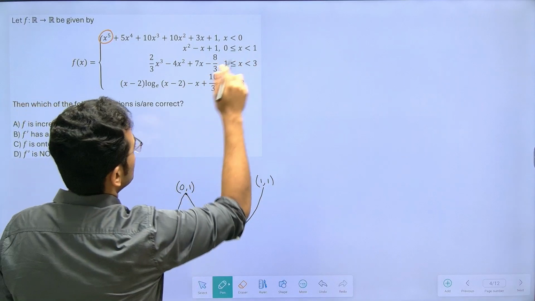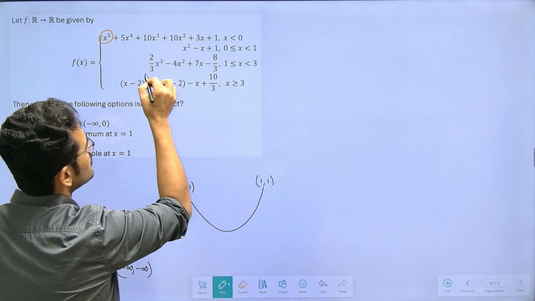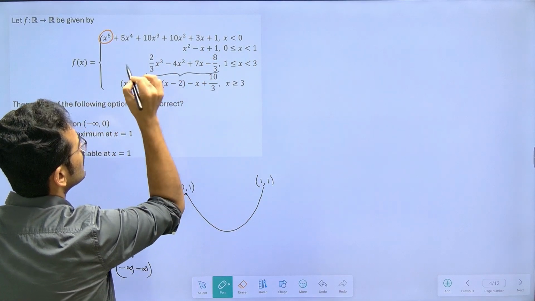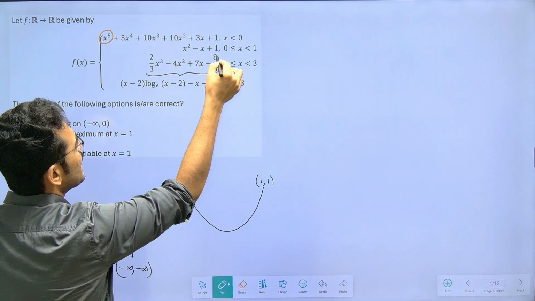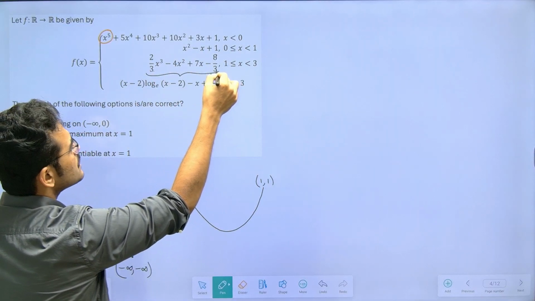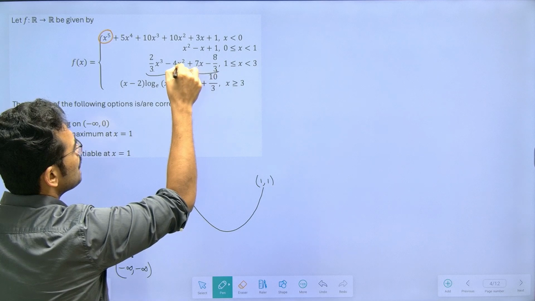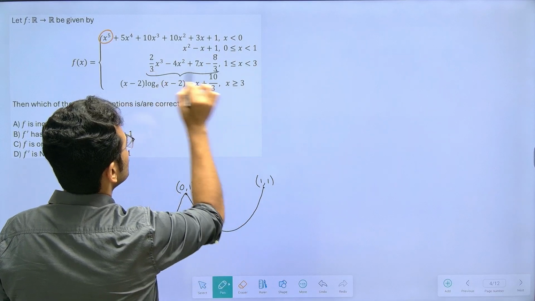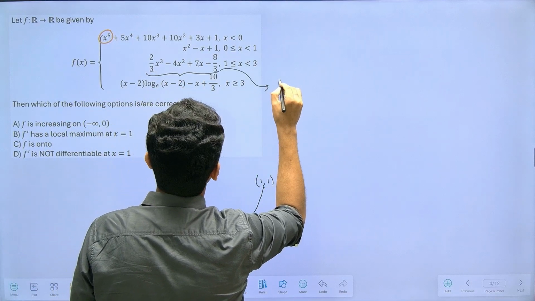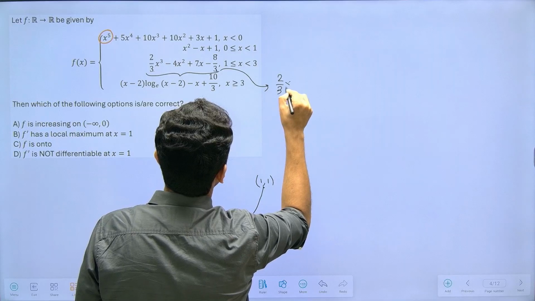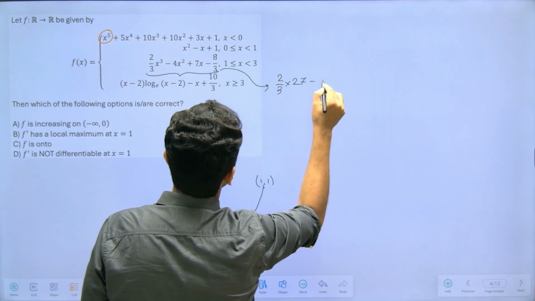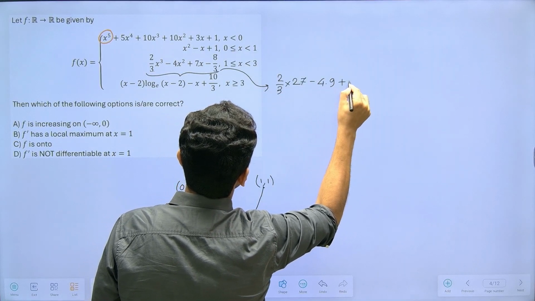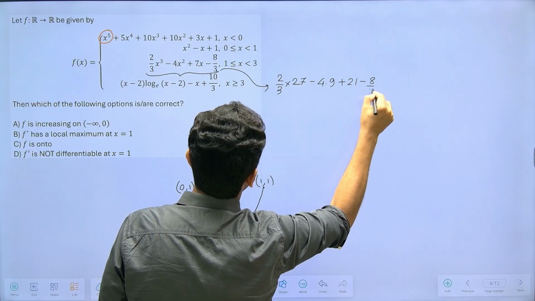Next one is 1 to 3. We have a cubic polynomial. If you substitute 1, you will get 2/3 plus minus 8/3, that is minus 2 plus 7 minus 4, so it will be 1. Again the next graph will start from 1 comma 1. Substituting 3 here, it will be 2/3 into 27 minus 4 into 9 plus 21 minus 8/3.